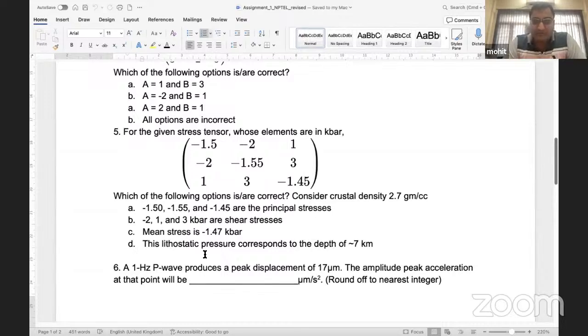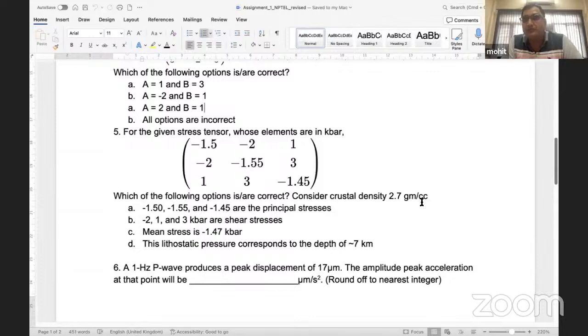This lithostatic pressure corresponds to a depth of 7 kilometers. It is also simple. Pressure is equal to density multiplied by acceleration due to gravity and height. So the formula is rho g h, and the crustal density is given as 2.7 gram per centimeter cube.